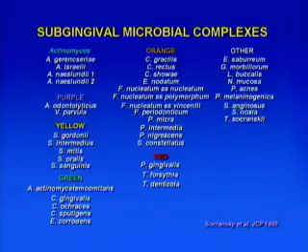We noted that certain species were found more commonly together than with other species. So, for example, the Actinomyces species formed a group of organisms. The Streptococci species, which we call the yellow complex, formed another group of organisms.